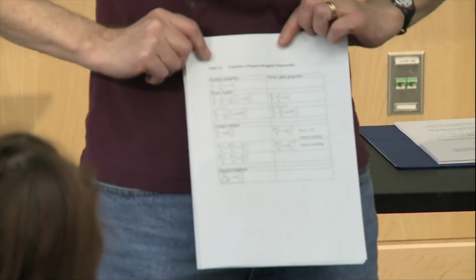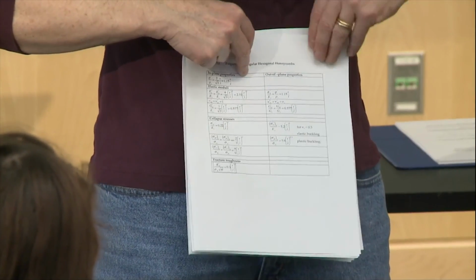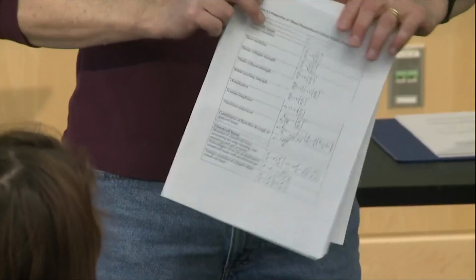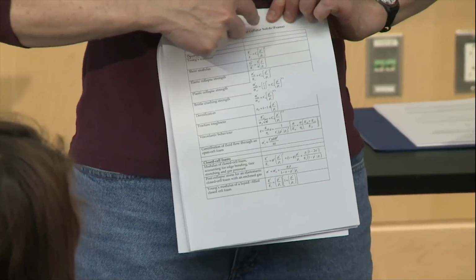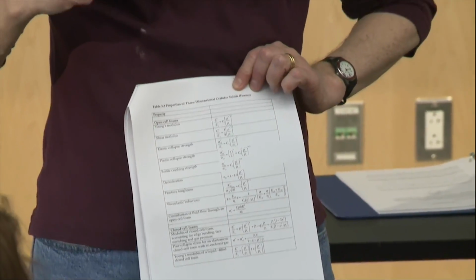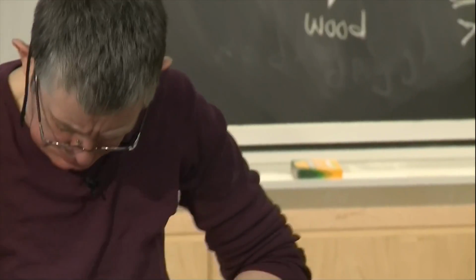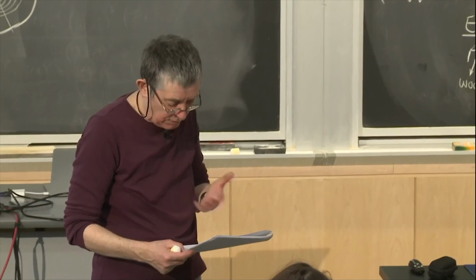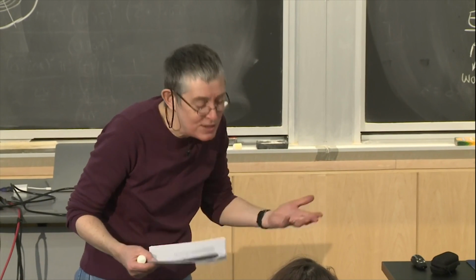That was one page. The next page was properties of regular hexagonal honeycombs. And then the next page was properties of 3-dimensional cellular solids foams. Okay, excellent. Thank you. And like I just said, I think there's maybe 1 or 2 equations missing from this. But if there was something you needed, I would give it to you.